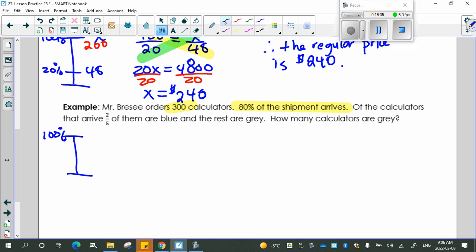So if all of them came in, if 100% of the order came in, how many would come in? 300. But only 80% of them come in, so we need to know how many come in. How many actually arrive at the school? The order's 300, but only 80% come in. Okay, great.